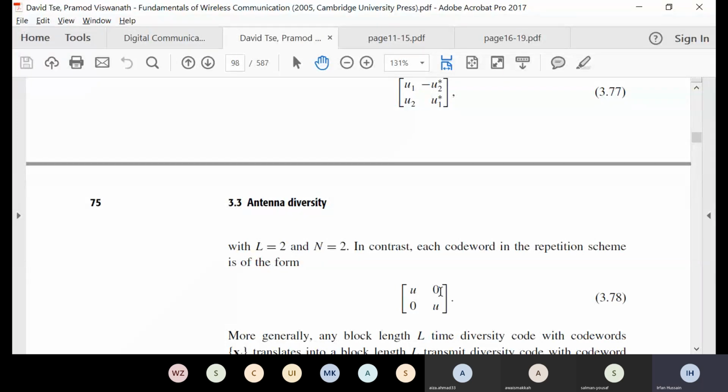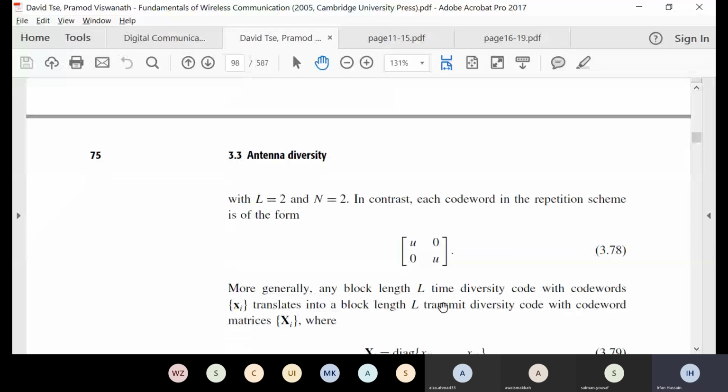So if I have any block length L time diversity code, for example, rotational code or convolution code or all other codes, linear block codes, with codewords xi.